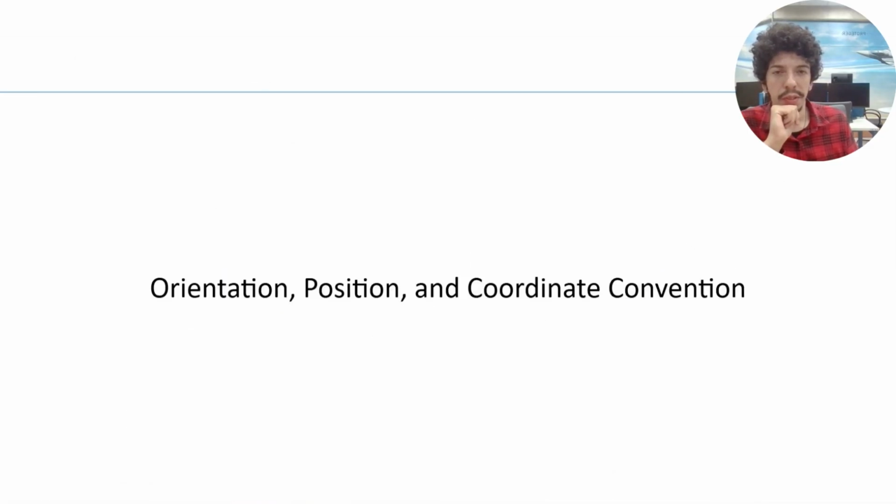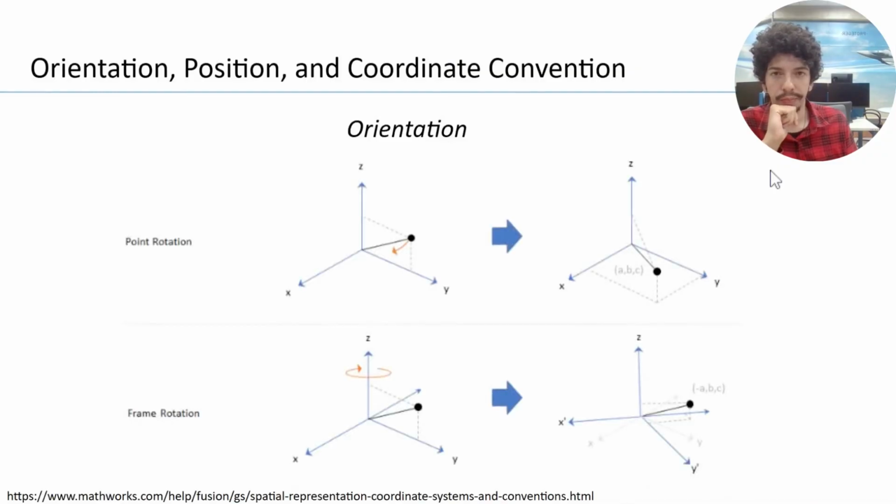Orientations, positions, and coordinate conventions. In this topic, we say the point rotations and frame rotations. In point rotations, the frame is static, but in frame rotations, the point is static.